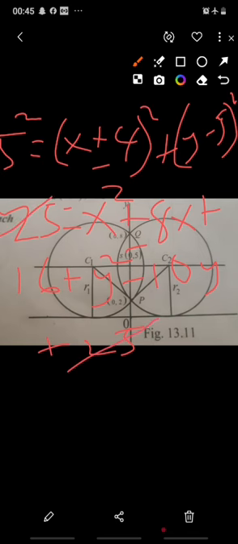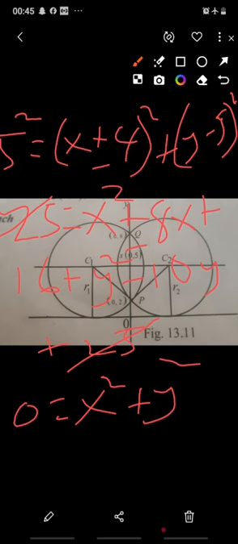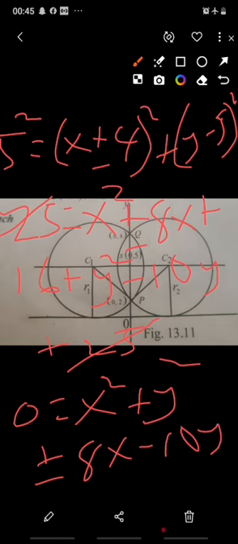Therefore we have 0 is equal to x squared plus y squared plus or minus 8x minus 10y plus 16 is the equation of the two circles.